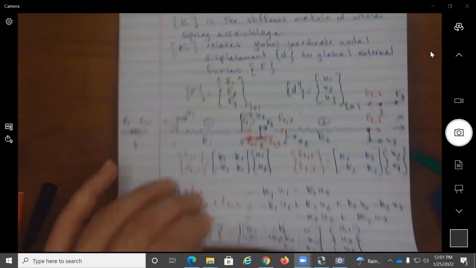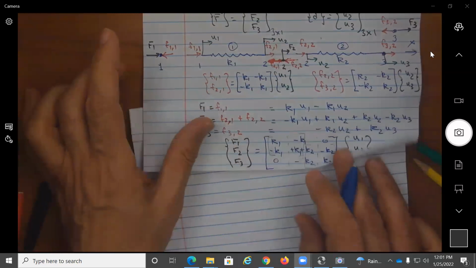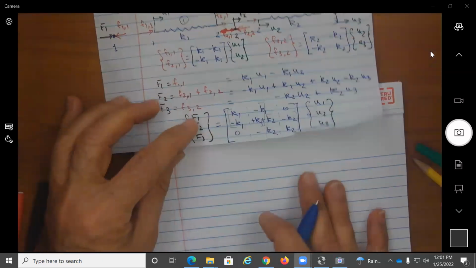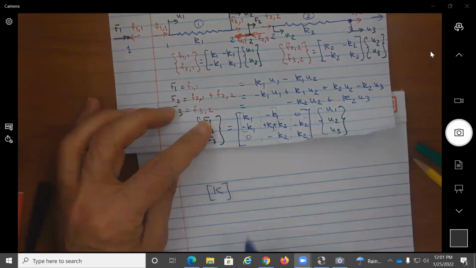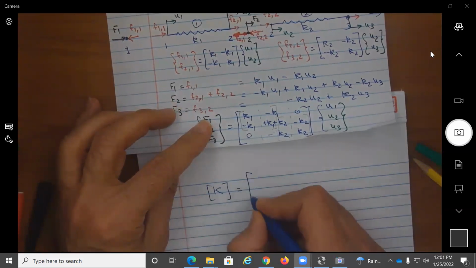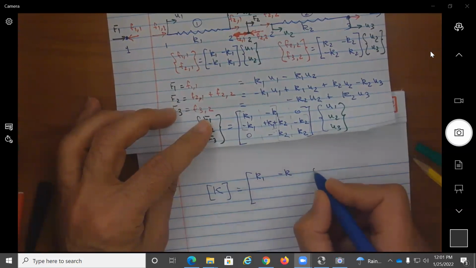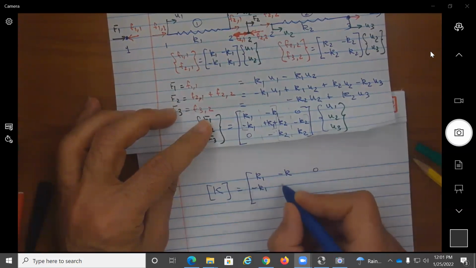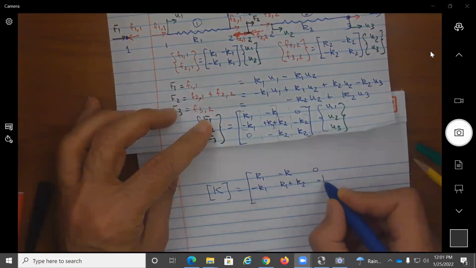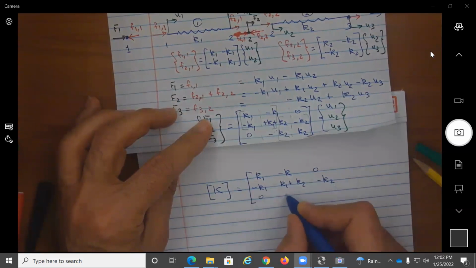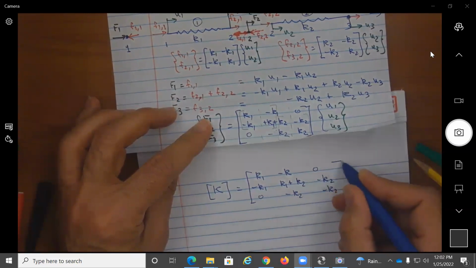Before we get into that, let's conclude that this uppercase K is equal to K1, minus K1, 0; minus K1, K1 plus K2, minus K2; 0, minus K2, and K2.